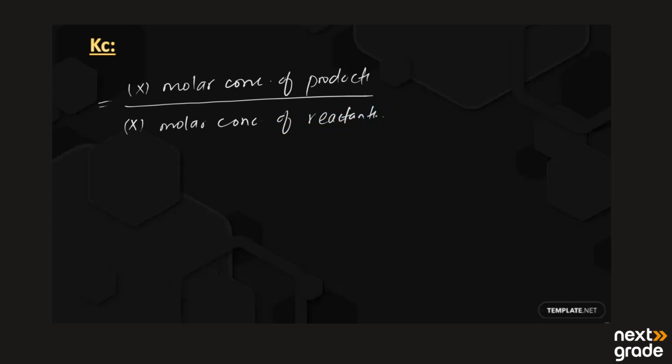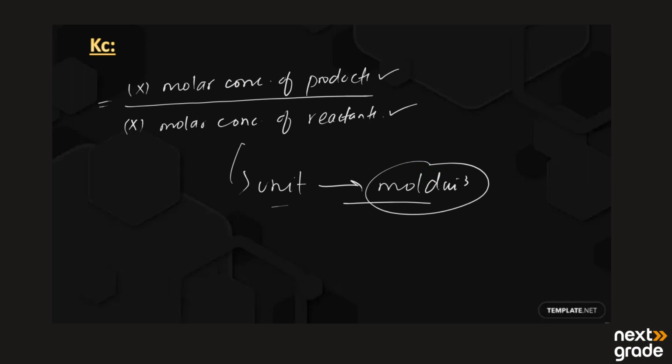So this is a simple way in which we take the ratio of the molar concentration of the products to the molar concentration of the reactants. In the same way, the unit of Kc is given in mole per dm cube, because molar concentration means the amount of substance in mole per dm cube.